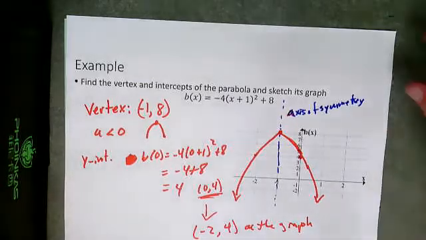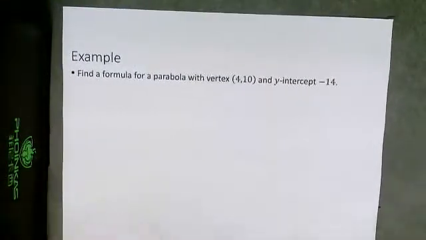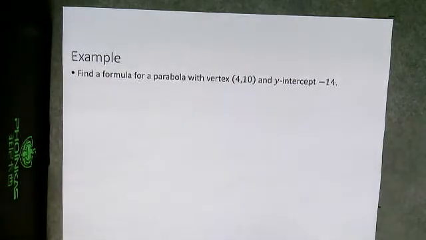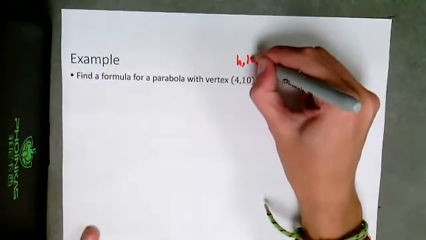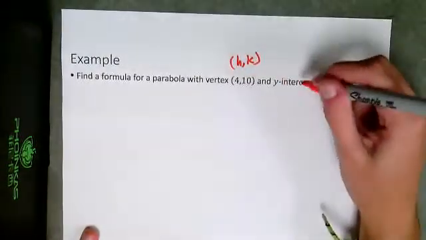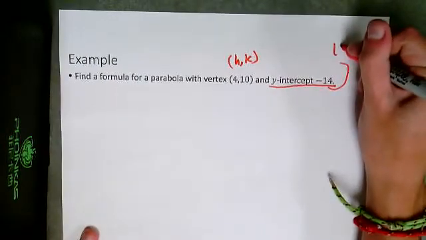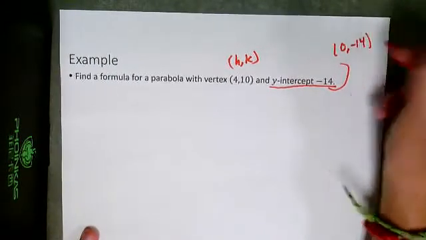Let us look at another example. Find a formula for the parabola with vertex 4, 10 and y-intercept -14. This tells us, remember, this is h, k, and the y-intercept of -14 says that the point 0, -14 lies on the graph.